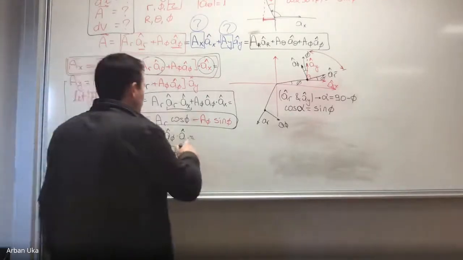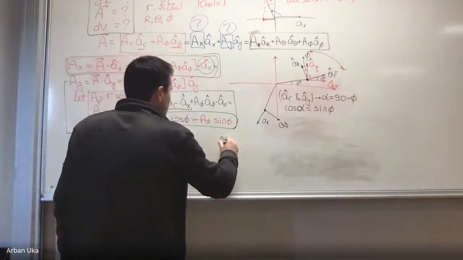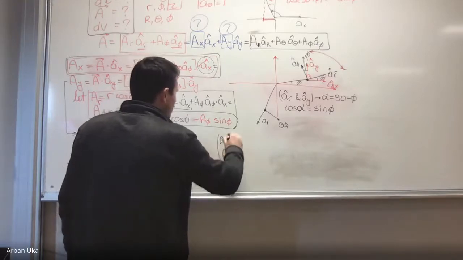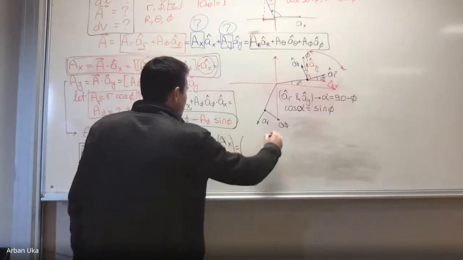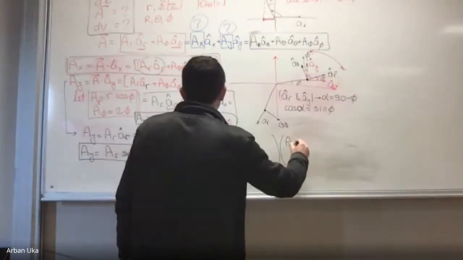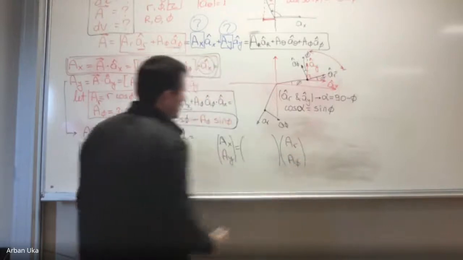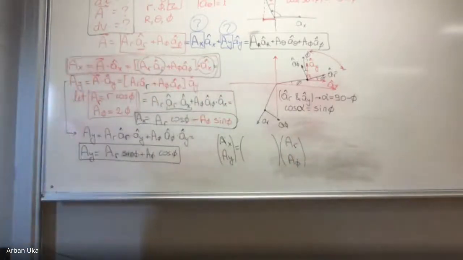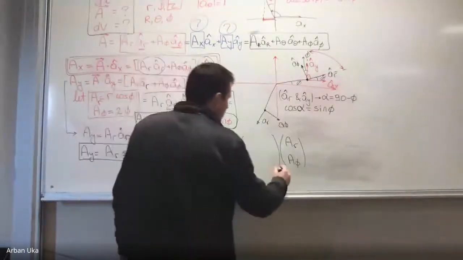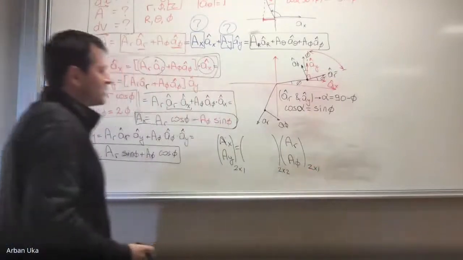So in this case, it looks like we can construct two components of a vector, such as A_X and A_Y, and try to express these as a function of what we have here, A_R and A_phi, okay? So here we have a vector which is 2 by 1, here we have a matrix which is 2 by 2, and here we have another vector which is 2 by 1.